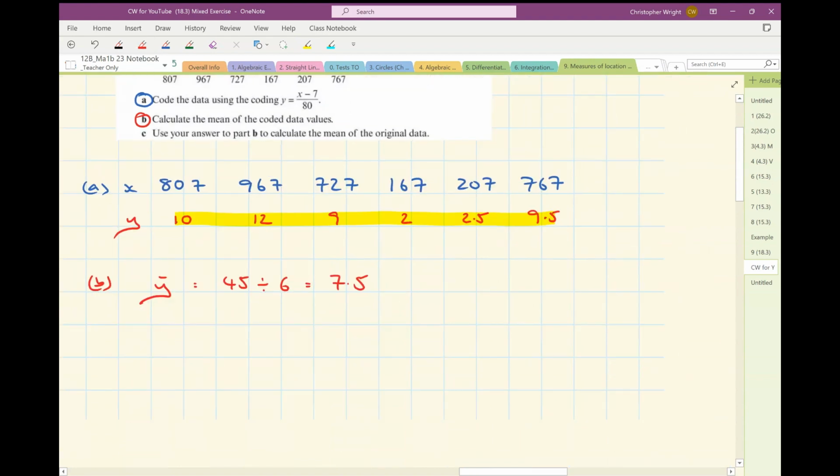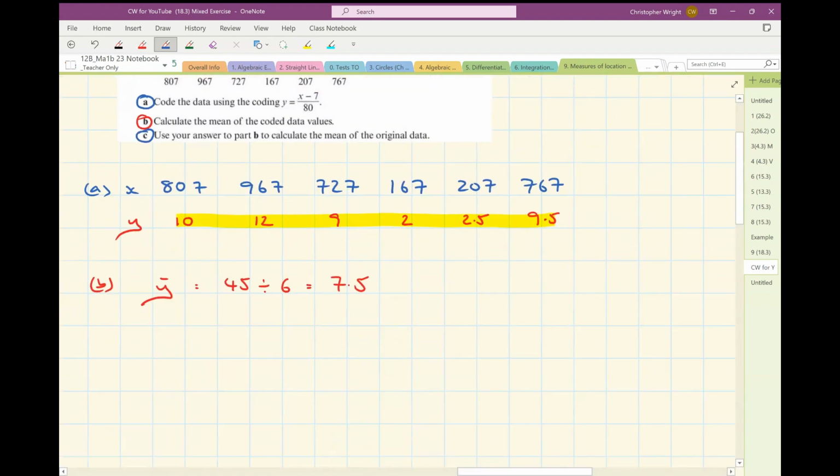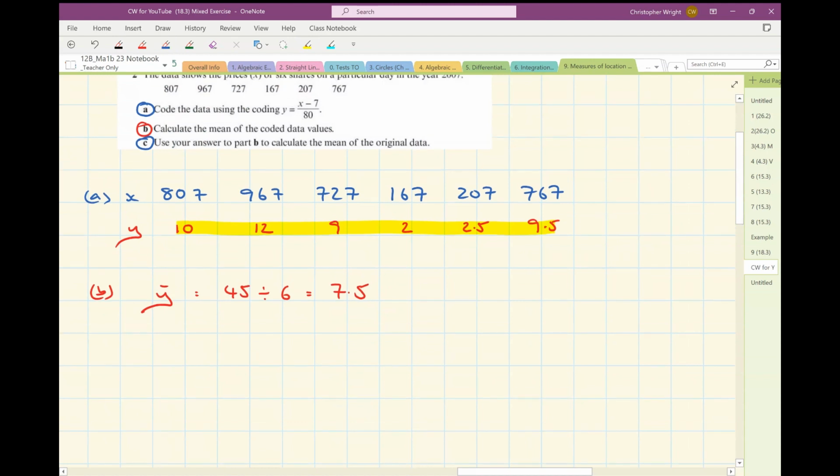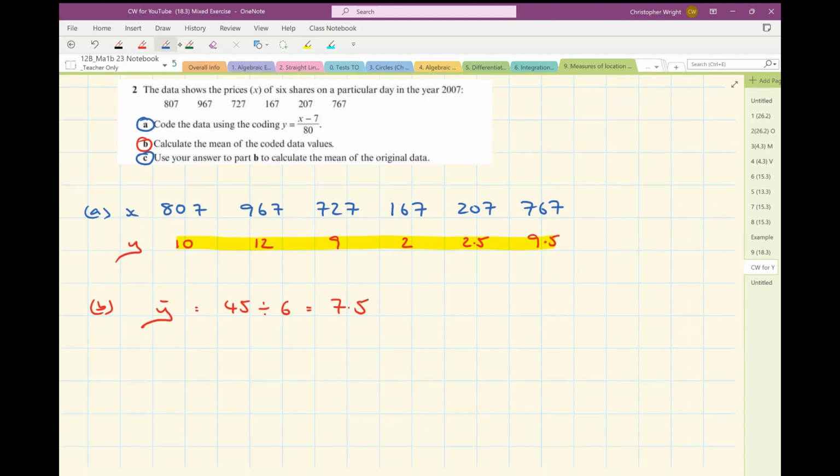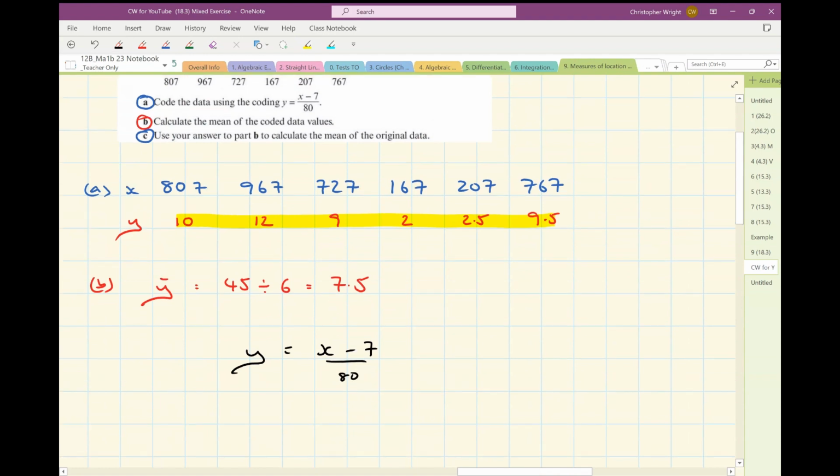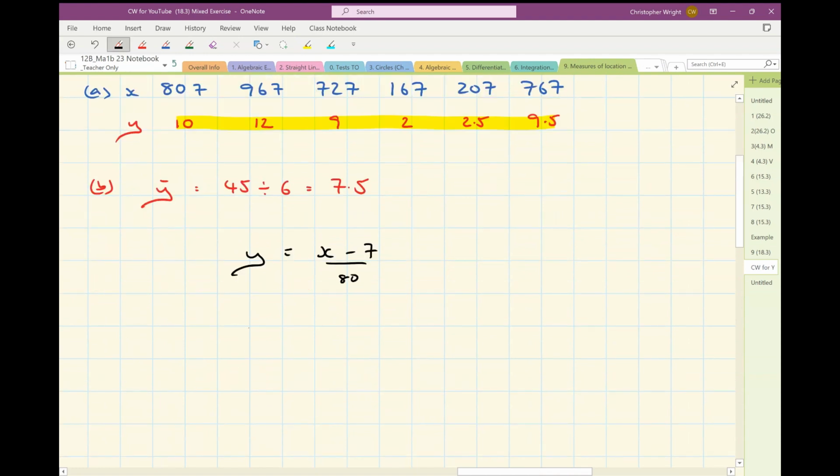Right, use your answer to part B to calculate the mean of the original data. Well, if y equals x minus 7 over 80, then I can rearrange that to make x the subject: 80y plus 7.